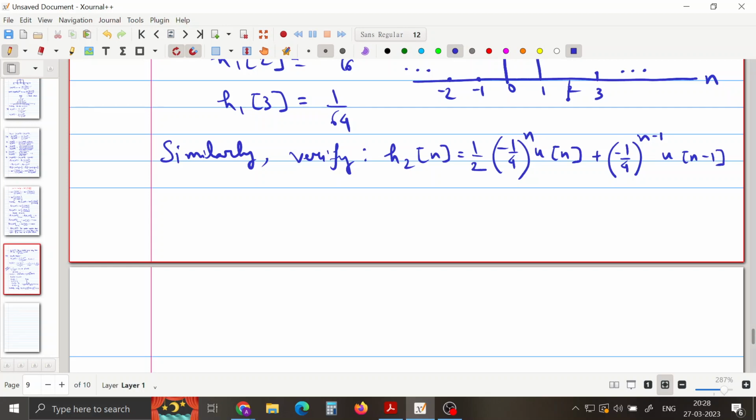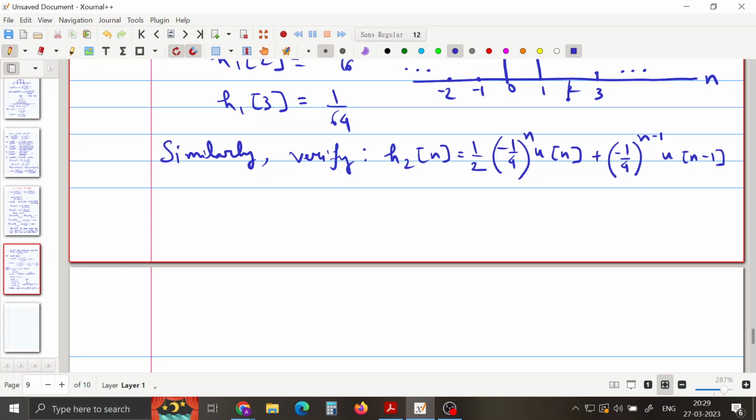It's again the same thing. See the first term, and in the second term in the summation we have just the delayed version. So that's it, and you can plot this also easily. It's no big deal.